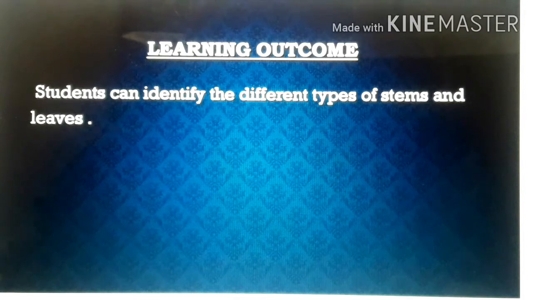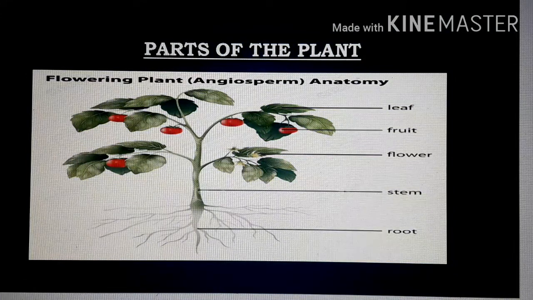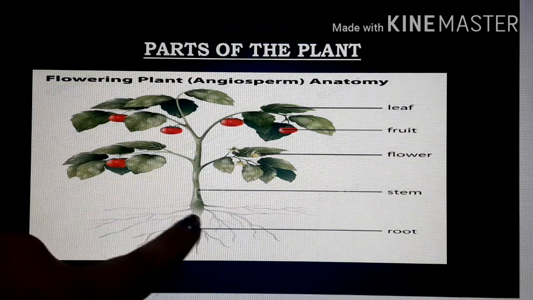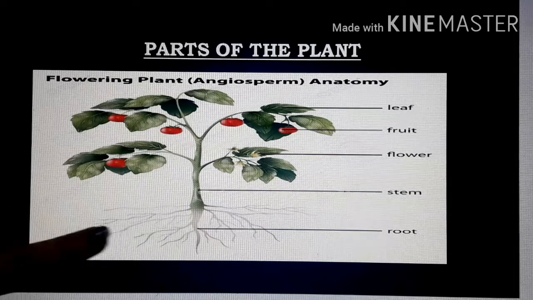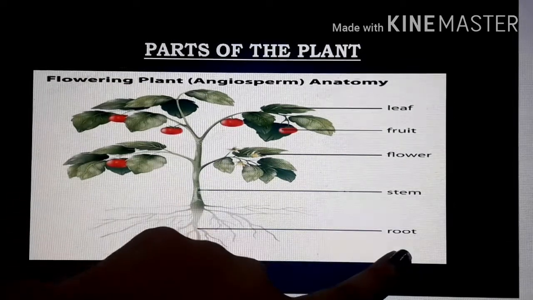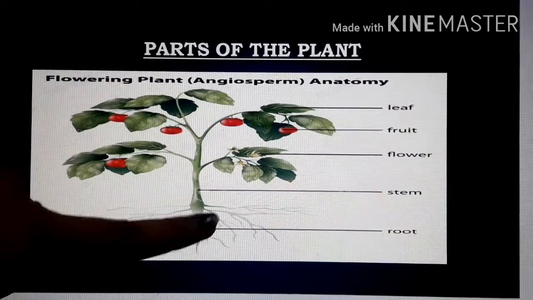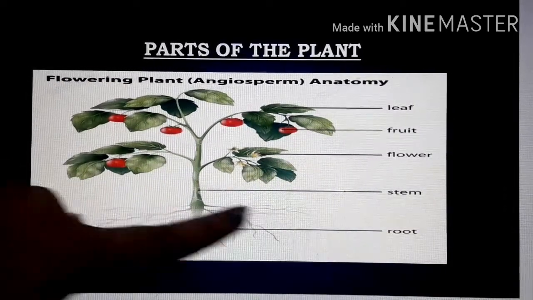So children, in today's class we will understand the different types of stems and leaves. Now children, you all know the parts of the plants, isn't it? You can see the bottom, this scattered one children, this is called what? This is root. This is below the ground. It is underground, okay? So we cannot see this.